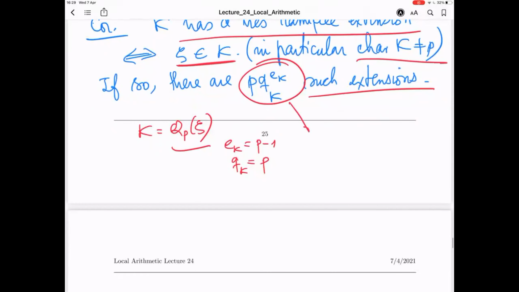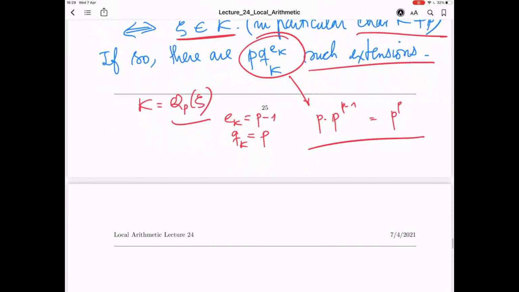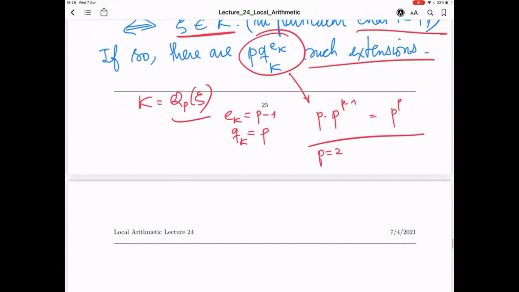And therefore, this is going to be P times P to the power, QK to the power P minus 1, whatever. So it's P to the power P, perhaps, right? So there are that many extensions. So when P is equal to 2, you have 2 to the, yeah, there are 4 extensions. That's correct. Yeah.